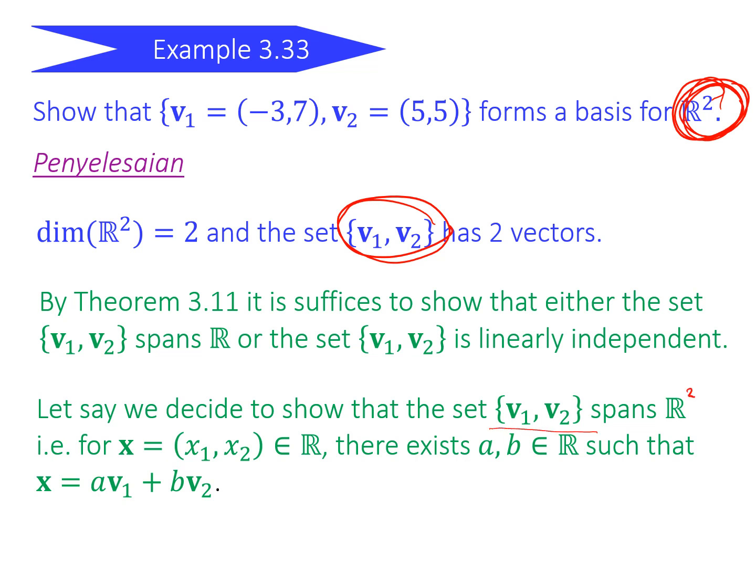So we are going to show that R2 is equal to span of v1 and v2, where this set is the set that I have called the set S. Recall that to show this, we have to show that every vector in R2 is a linear combination of v1 and v2.